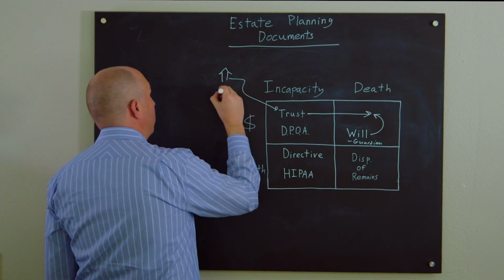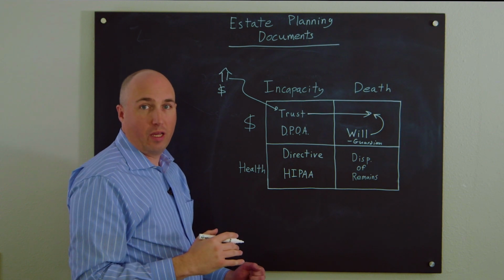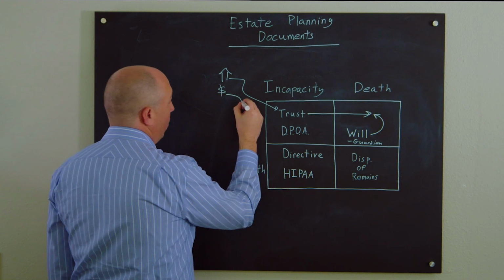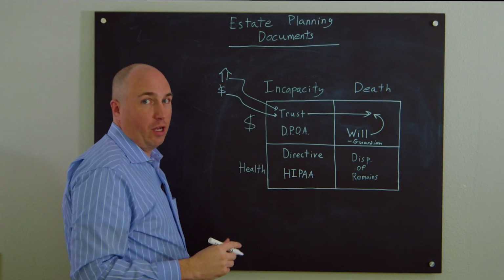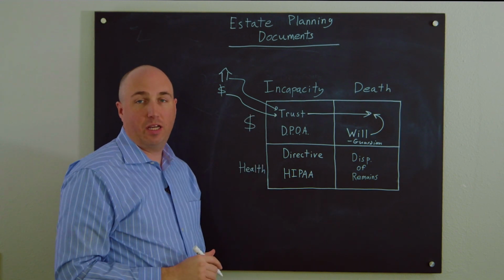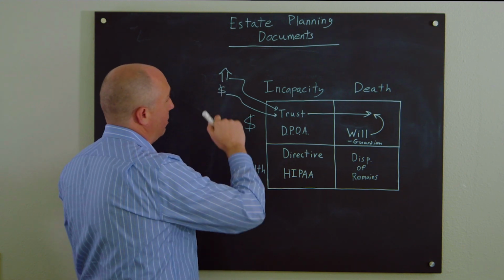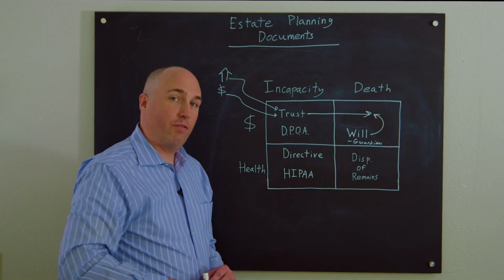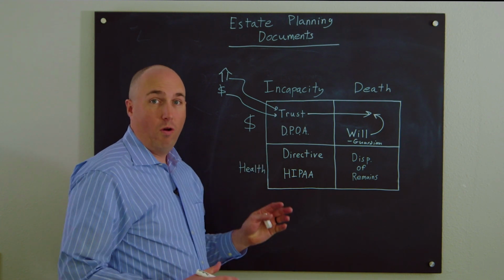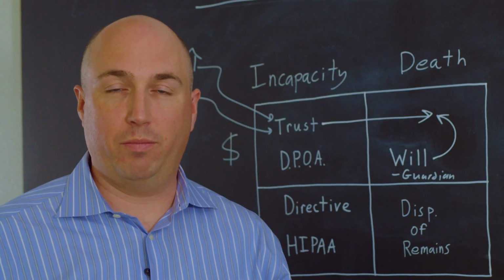If you have bank accounts or retirement accounts, IRAs, 401ks, or life insurance, you'll want to make sure that those are either owned by the trust for some assets, or for other assets, that they have a beneficiary designation in place that links those to the trust. Asset by asset, you want to make sure that everything you own is either owned by your trust, if you have a trust plan, or that it has a beneficiary designation in place so that it will avoid probate.